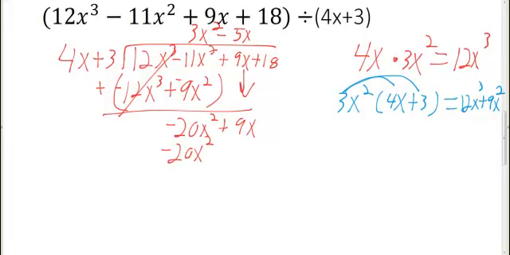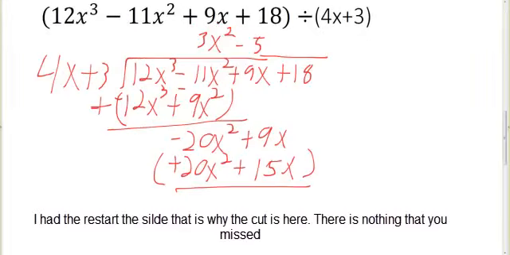Negative 5x times positive 3 is minus 15x. Put the parentheses around, subtract it, change the signs, and we will get negative 20x squared plus 20x squared is 0. And we have 9 plus 15, which is 24x plus 18.